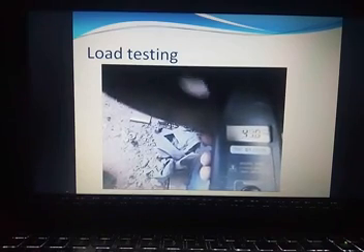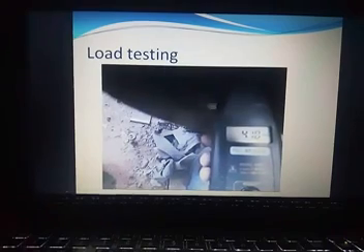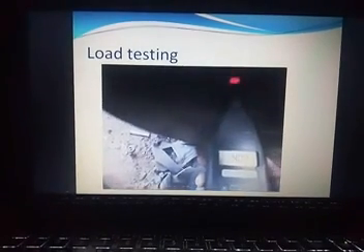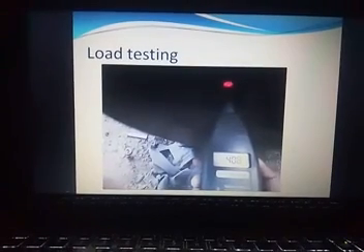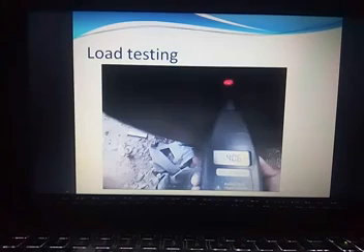This is an actual system where you are seeing how the flywheel is getting rotated with the load. The load is constantly applied and the flywheel is rotating the load and rotating itself.